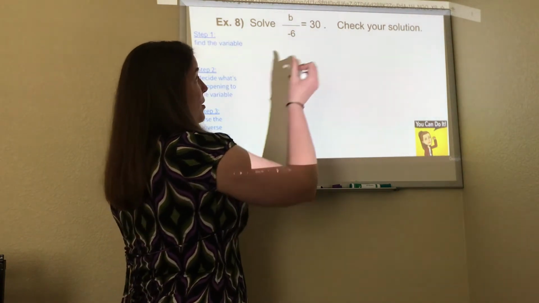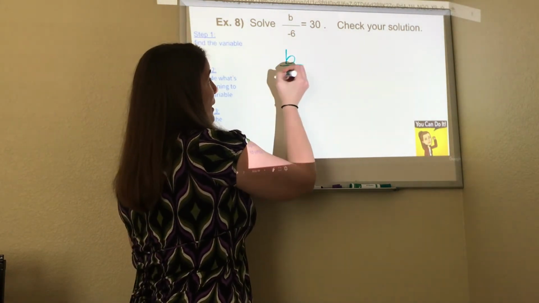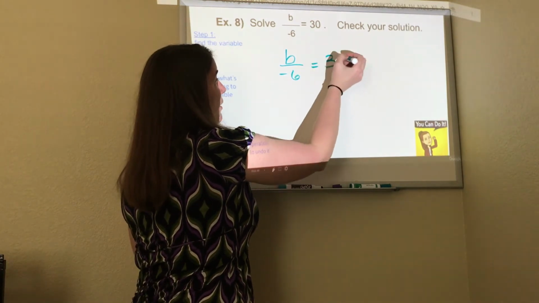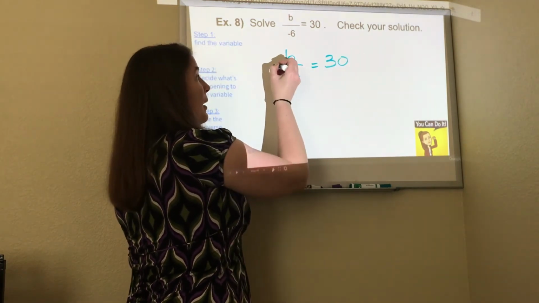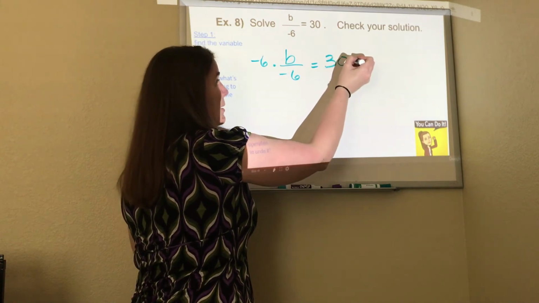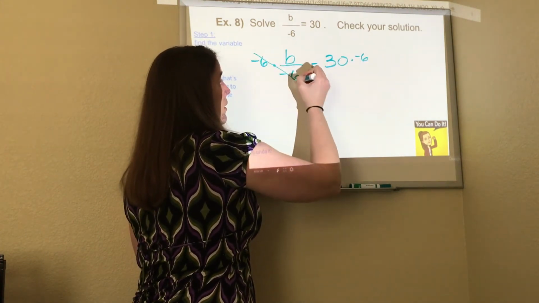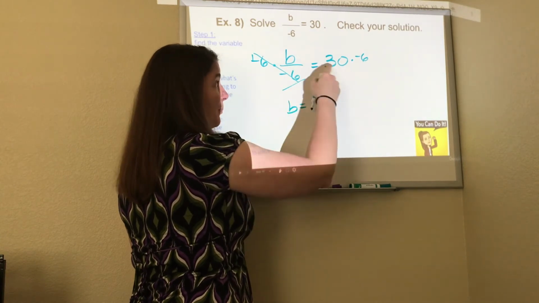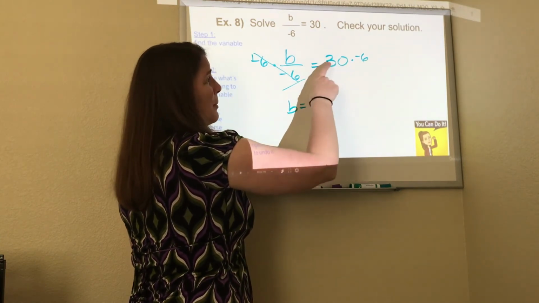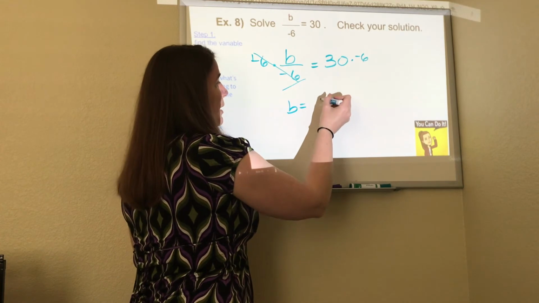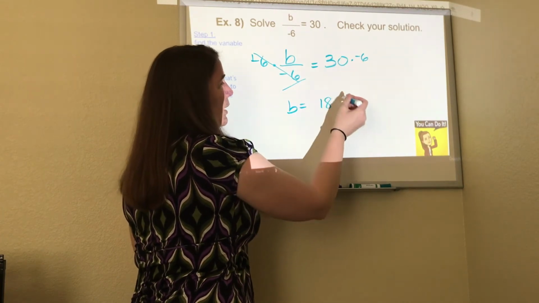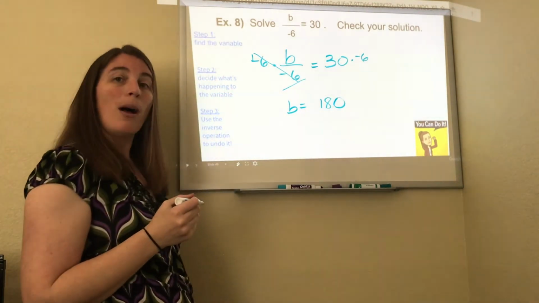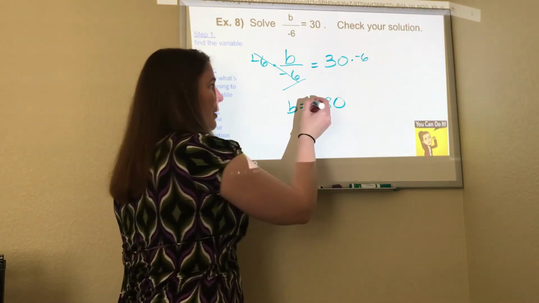Okay, so here's B divided by -6 equals 30. You should multiply by -6 on both sides. That cancels out to a 1, so you get B equals, and then 6 times 3 is 18, but it's 30, so it's going to be 180. A positive times a negative is a negative.